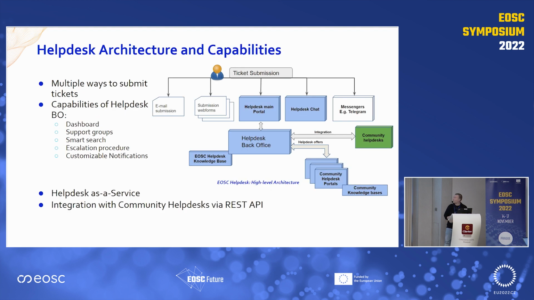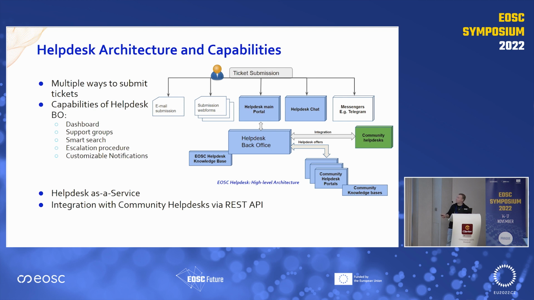I will say a few words about the Helpdesk architecture, describing the components relevant to the EOSC infrastructure. Without going too much into detail, we have multiple ways we can offer the user to submit tickets. The user can choose the most suitable way. The main capabilities are in the Helpdesk back office.